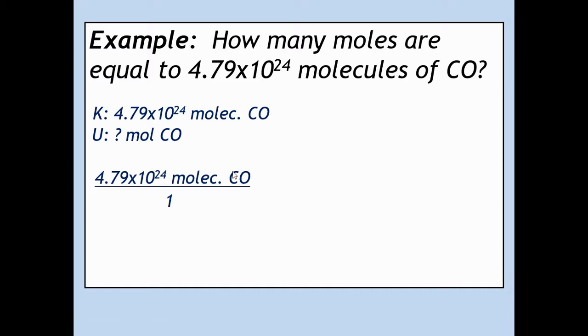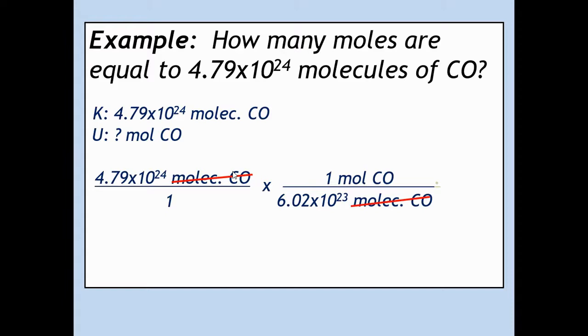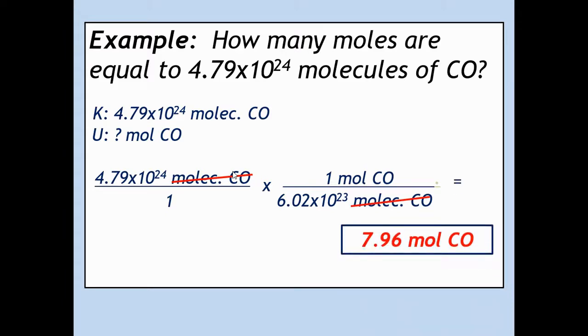We know that 1 mole is equal to 6.02 times 10 to the 23 molecules. So we would put the 6.02 times 10 to the 23 molecules on the bottom, and you would be left with 1 mole on the top. Units cancel out. You're left with 3 significant figures, so you would be left with 7.96 moles of CO.